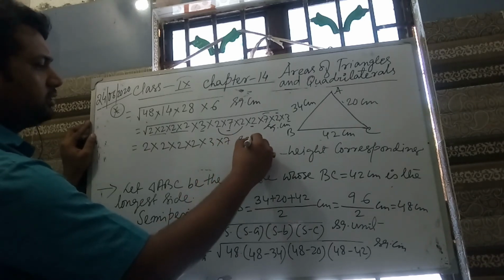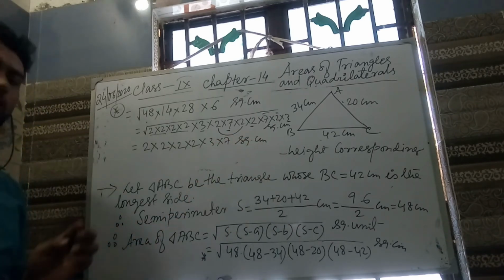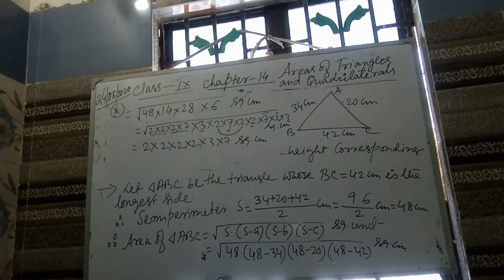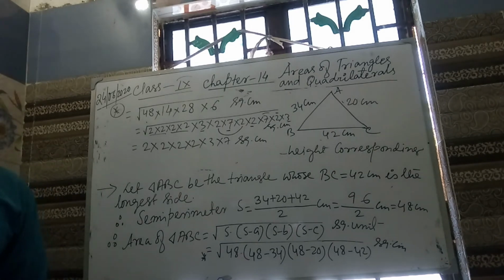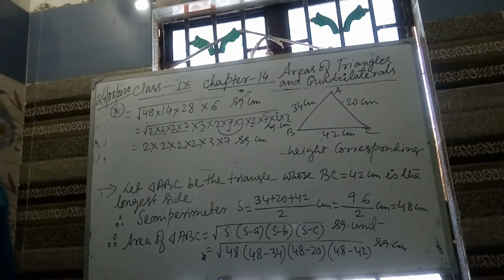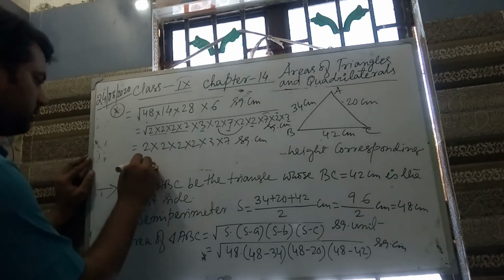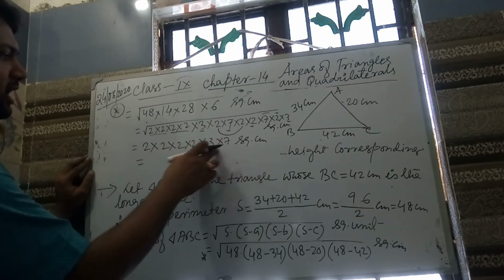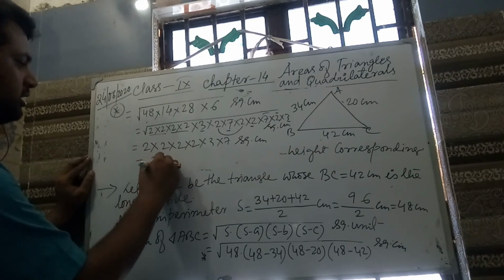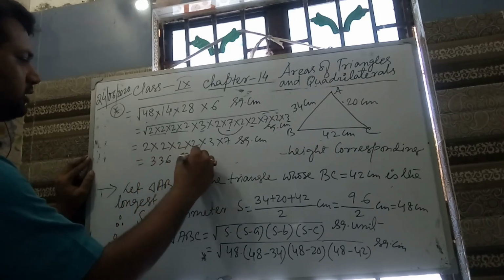This much square centimeter. What is the result? Just multiply, you will get 336 square centimeter.